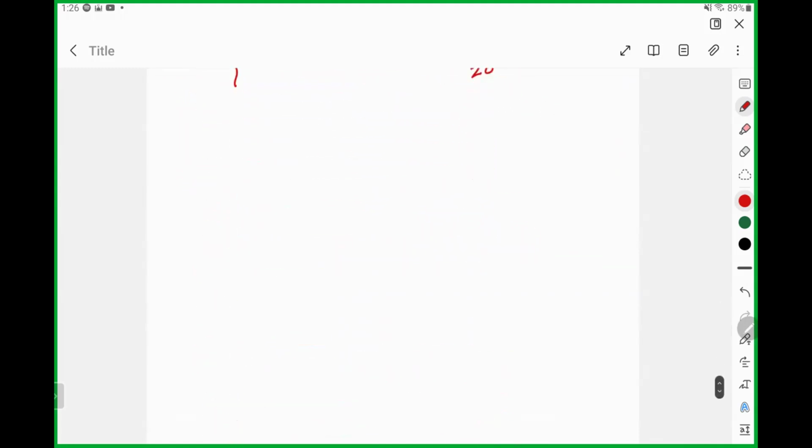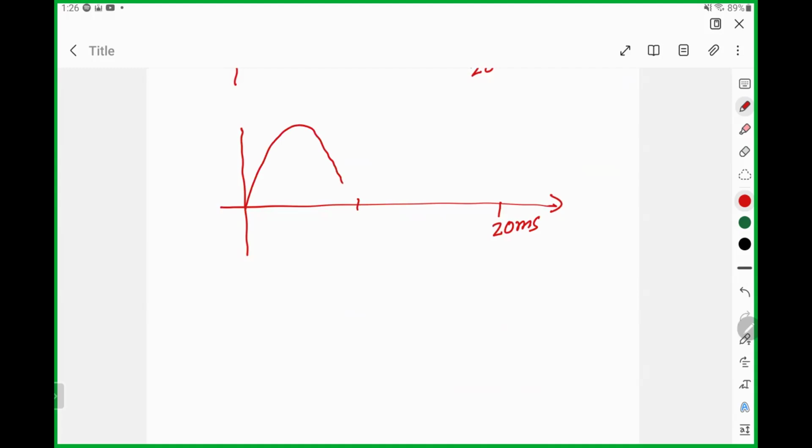Now let us do the same thing for the AC. I will take the same AC that has a period of 20 millisecond. That means I will have a positive cycle here and a negative cycle here, and it has a maximum value of 315 or 314, say 315 here.